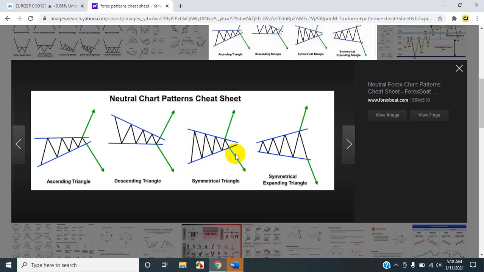But the thing about the symmetrical triangle is there are no levels where the market is exactly touching the same level of support or resistance.